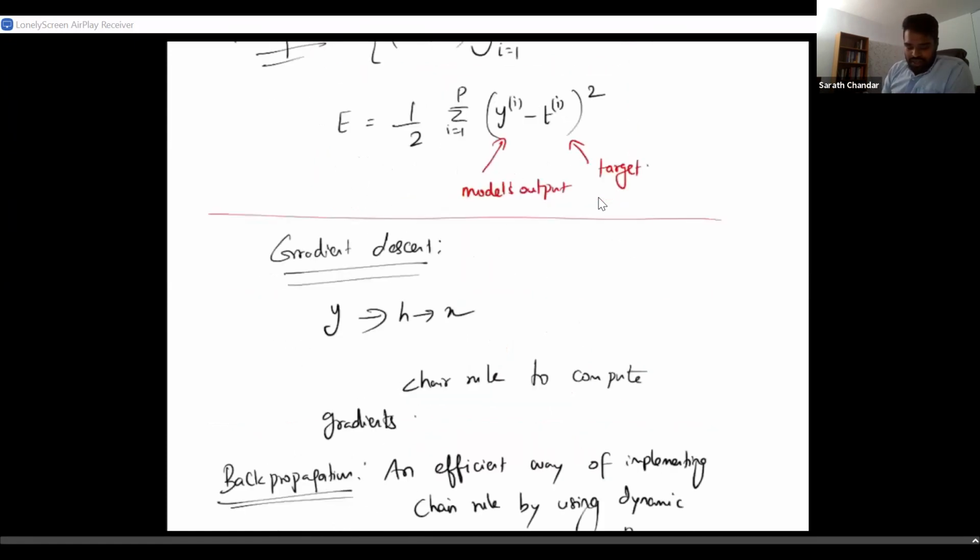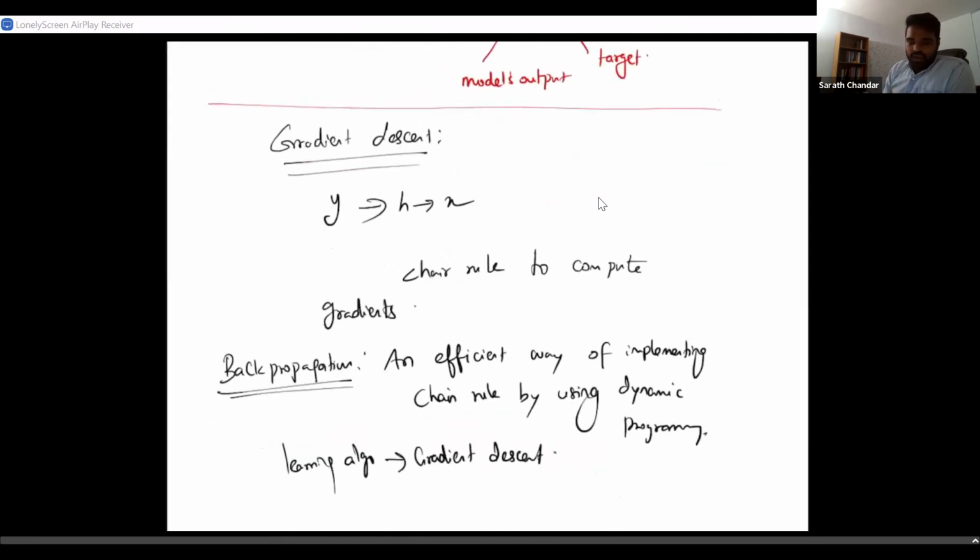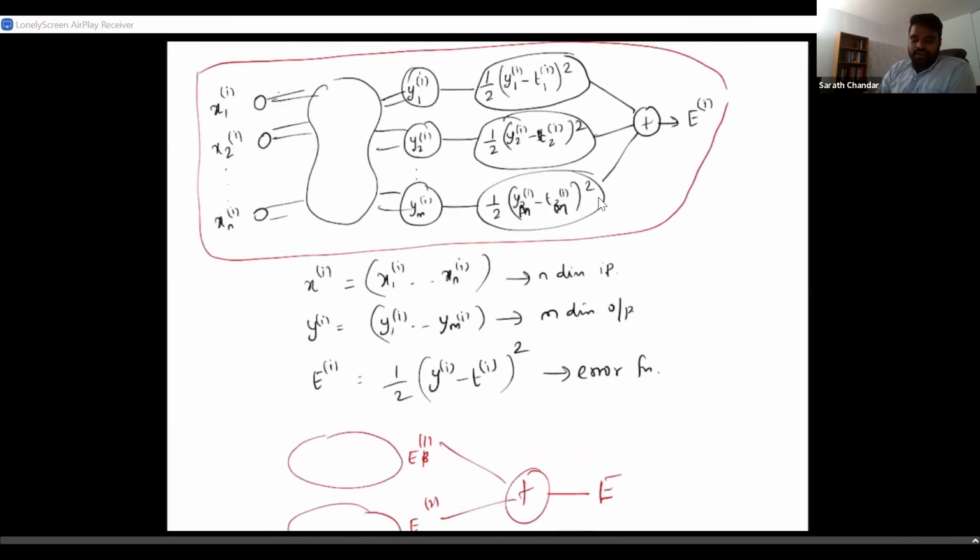So the first thing that we did to do gradient descent is to create this huge computation graph, which also encompasses the error function. In this case, this is just for an ith example. You have the output y1 to ym.